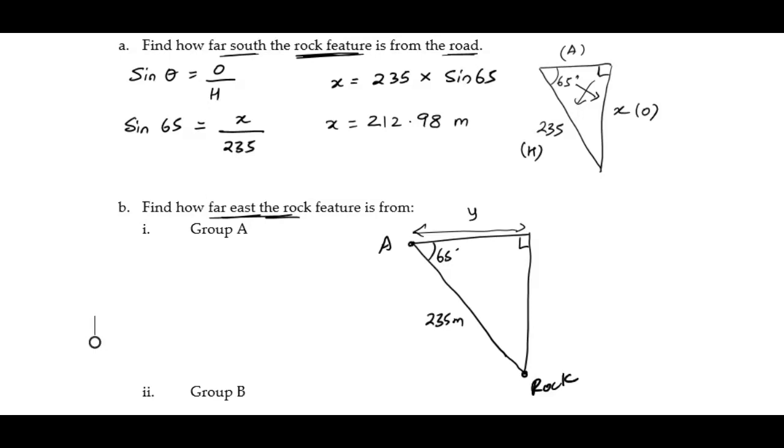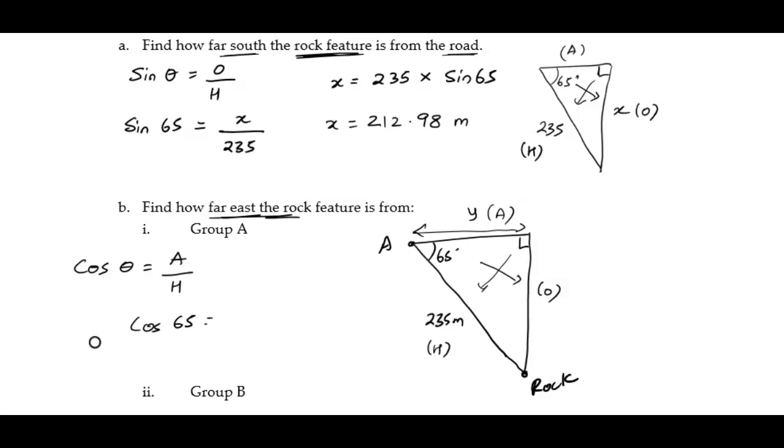Right, label the sides again. Hypotenuse, opposite side, adjacent side. So the two sides we're dealing with are adjacent and hypotenuse, so we can go ahead and use the cosine ratio. So cos theta equals adjacent over hypotenuse. Substituting values.